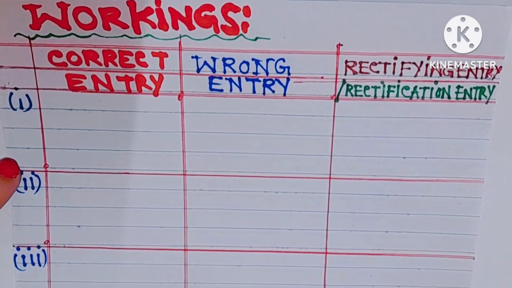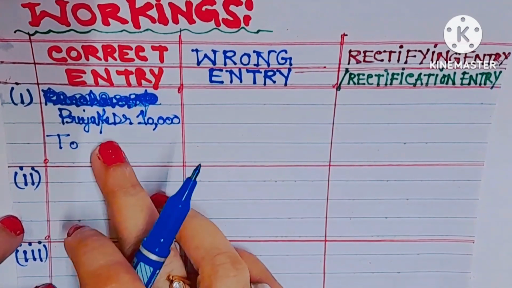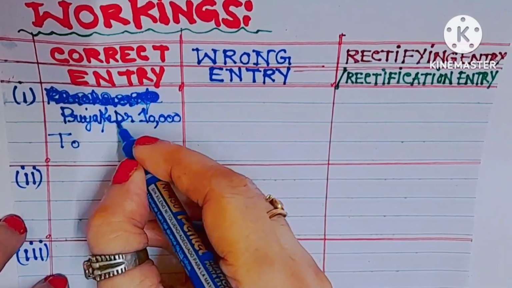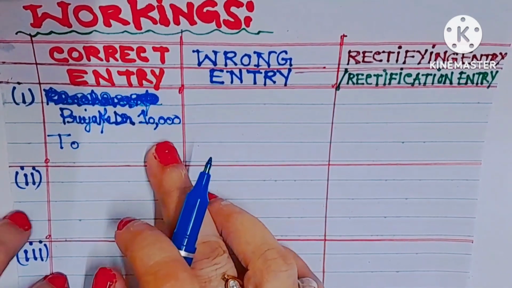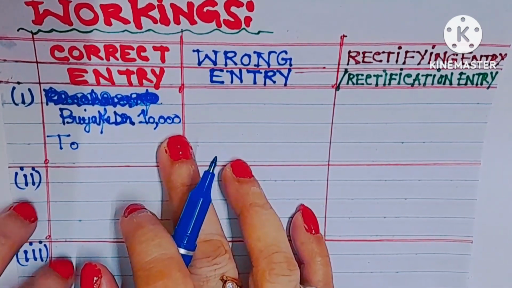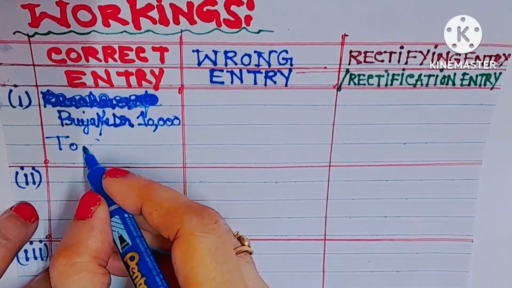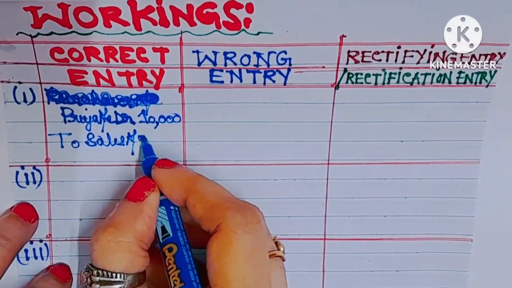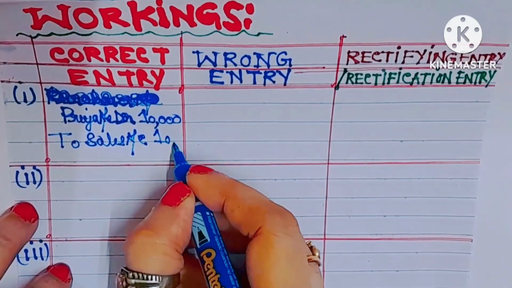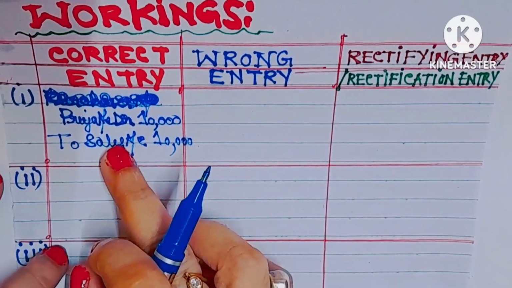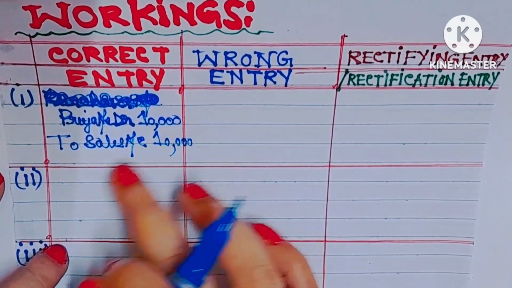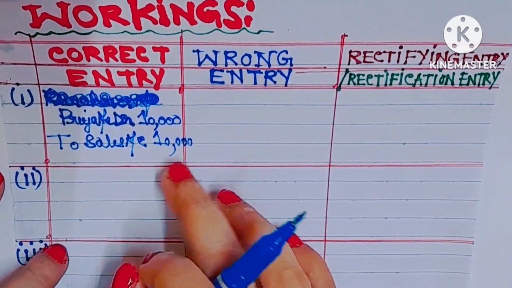So number 1, the correct journal entry: Priya account debit rupees 10,000 to sales account rupees 10,000.